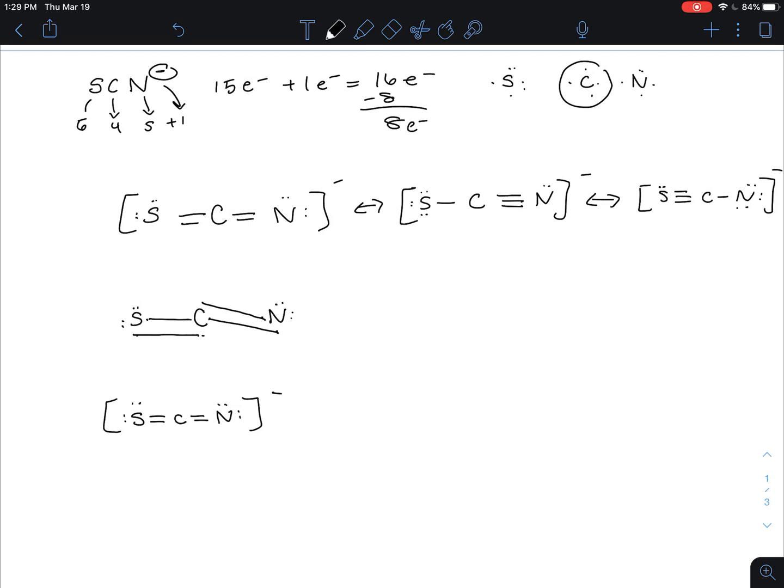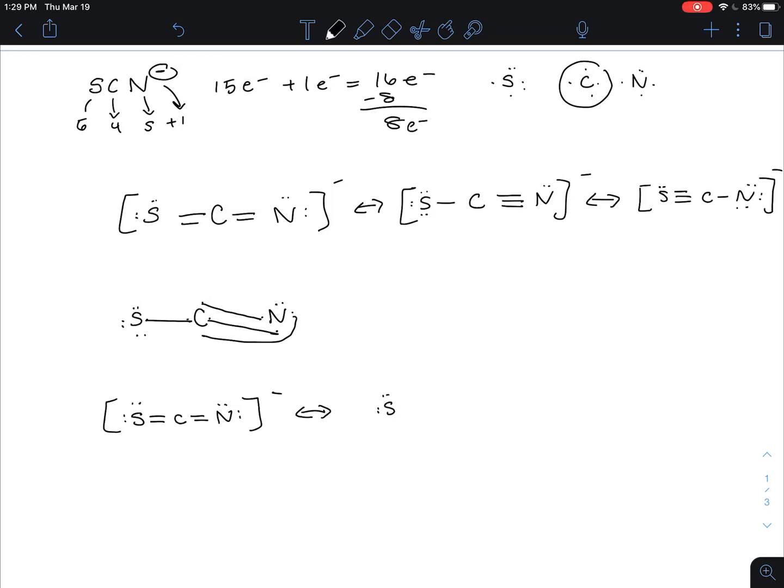Now, nitrogen usually wants to have a triple bond, so that's where the resonance can come in, because you can push certain electrons in certain other ways and give different bond orientations to give different arrangements. Because what if we did this instead? What if instead of giving the extra electron to the nitrogen, I gave it to the sulfur?